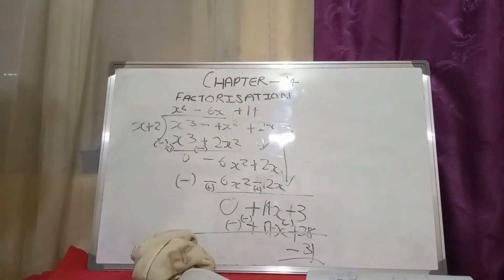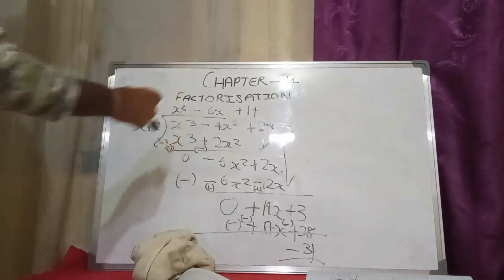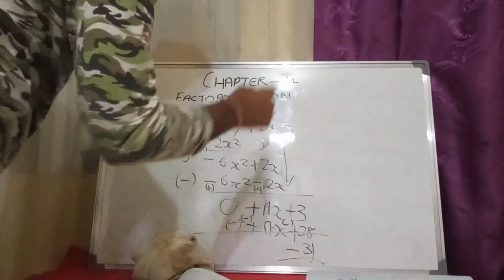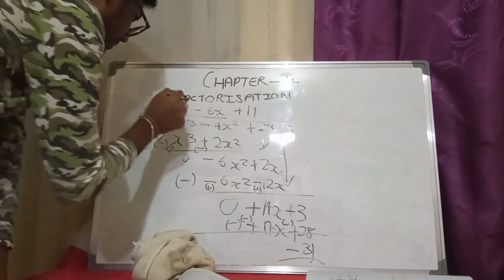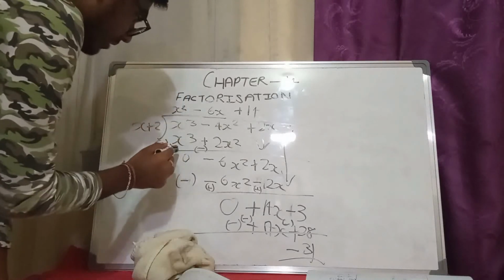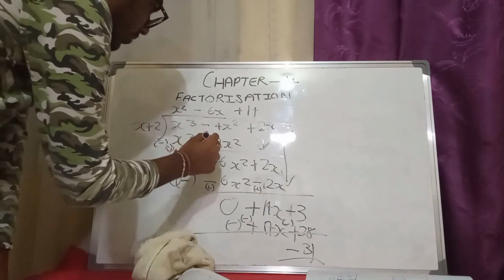So again summarizing how to do the long division method, we have x plus 2 as the divisor, and the dividend is x cube minus 4x square plus 2x minus 3. We have to multiply x with something that gives us x cube. When we multiply x with x square, we get x cube. Then we multiply 2 with x square and we get 2x square.